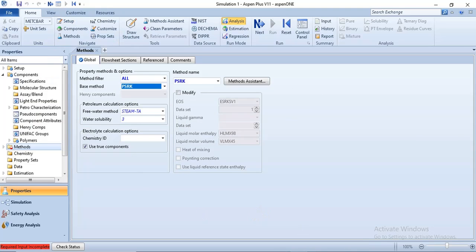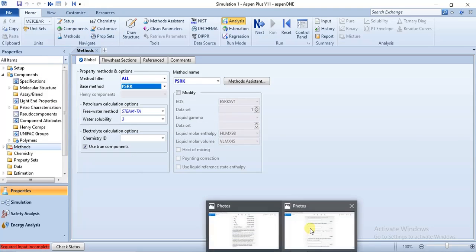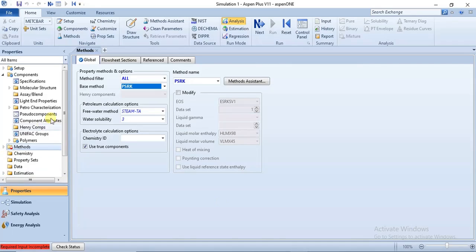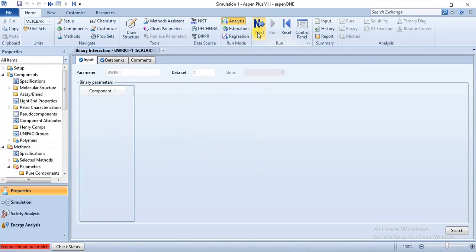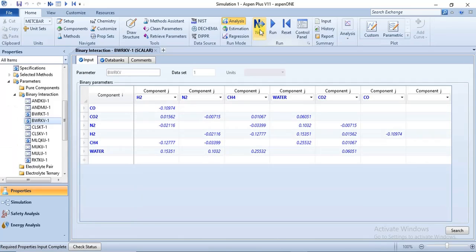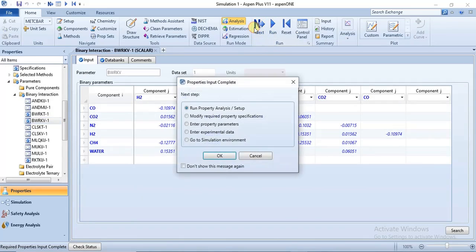So we have PSRK. When you are done with that, you can click on next, right? You click on next, then you click on next again. Yes. So now you can enter your simulation environment, right?